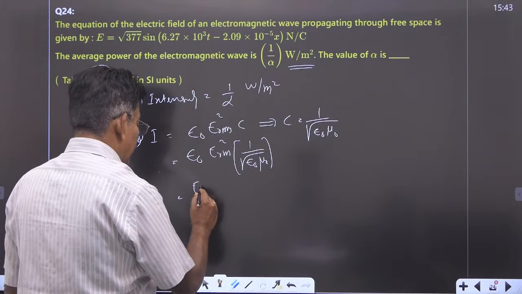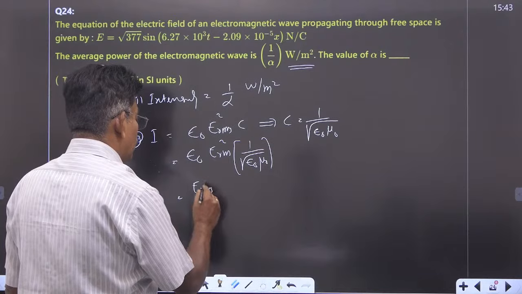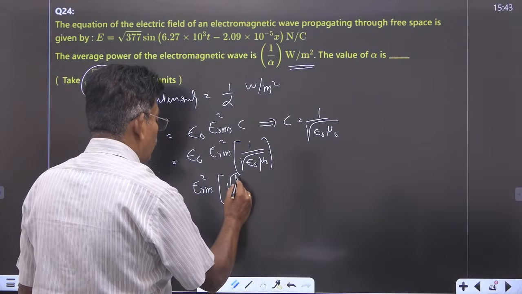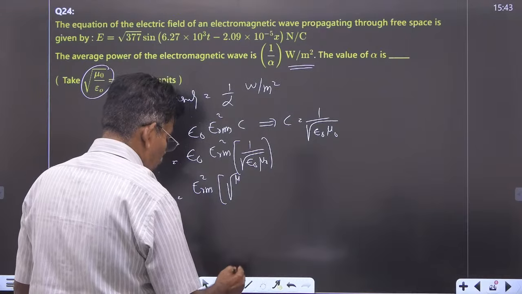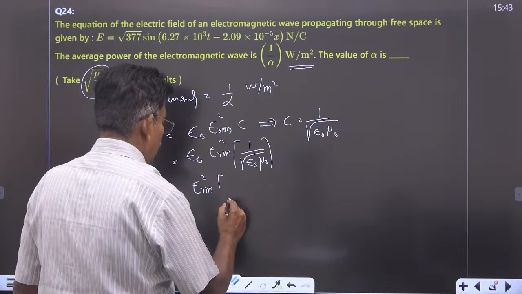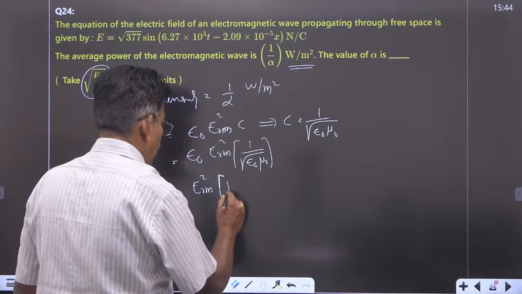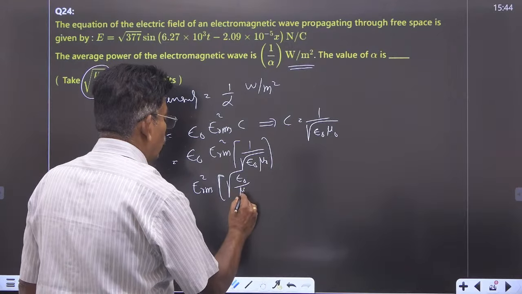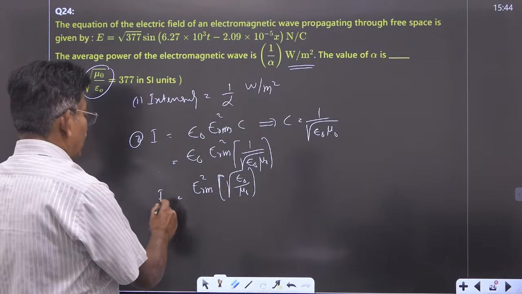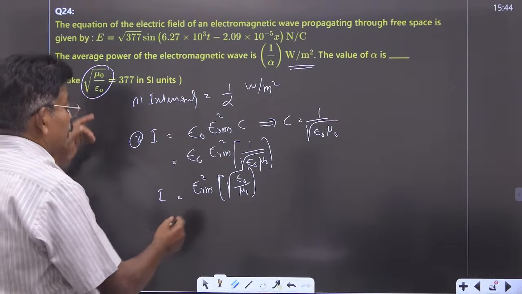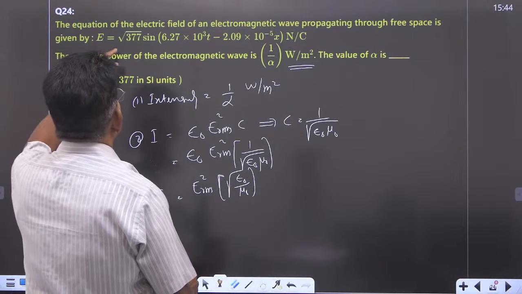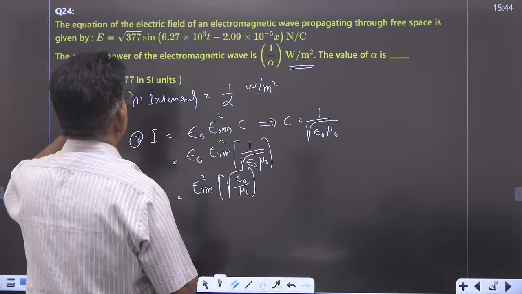Then this is coming to be E RMS squared into root of epsilon 0 by mu 0. Okay, this is the intensity, we already used that. But this quantity's reciprocal is 377 ohm. So what is E root of 377? That is the electric field amplitude.